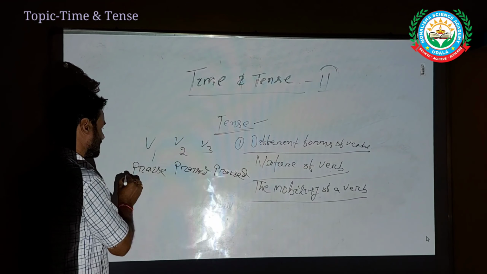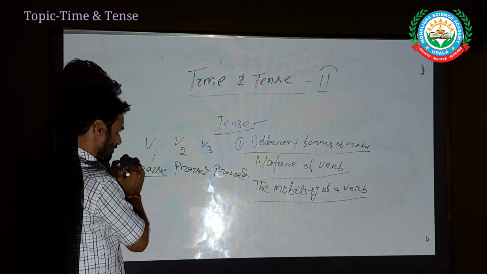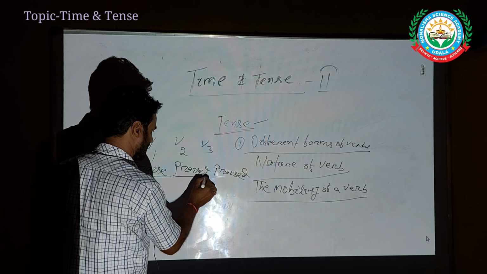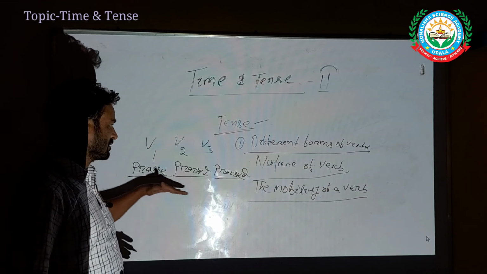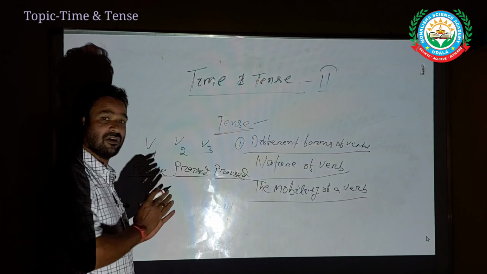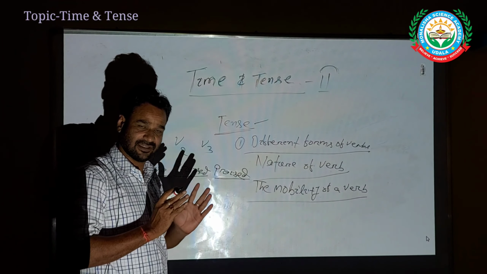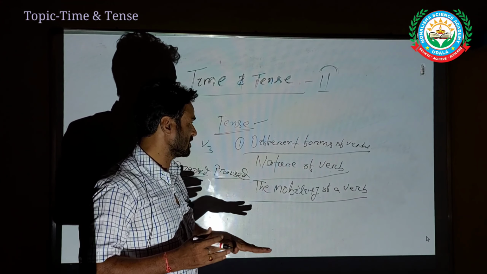So here what happens? The word is in the first form praise, in the second form it is praised, in the third form it is also praised. So this is called mobility of the verb. The verb is in motion. So this is the very nature of the verb. The nature of the verb is what? Now to be on motion, to be on mobility.